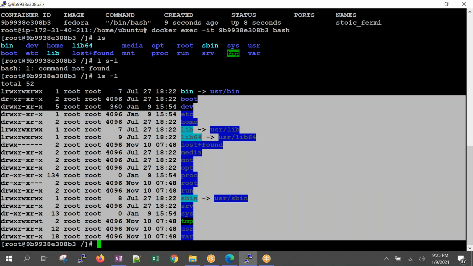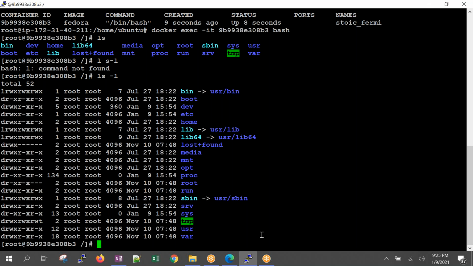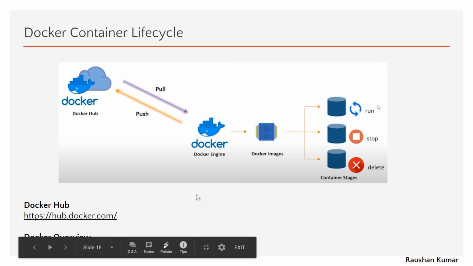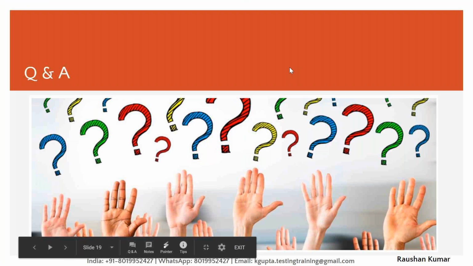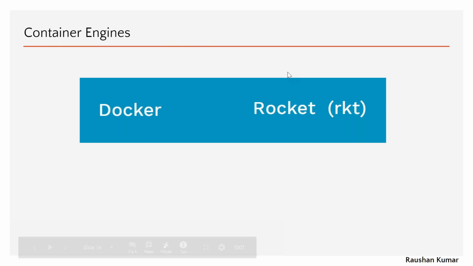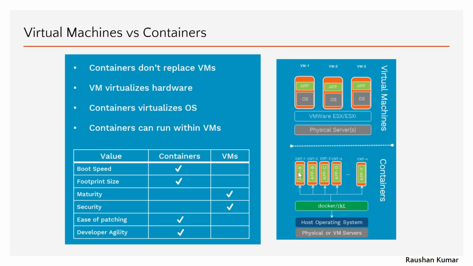If I do docker version now, I will not get anything because I'm not at my host level. I'm inside the container. This is what I want you to realize, that I am inside this app now.